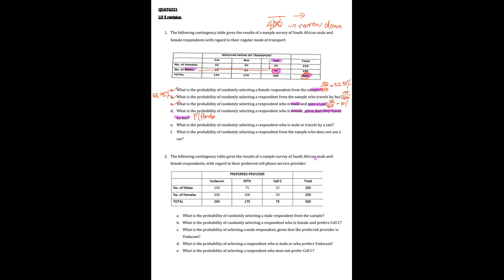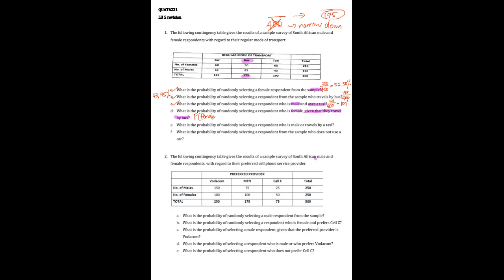So here, if you look at the column that says bus, that's a total of 175. So basically, hypothetically, instead of looking at all 400 people, we are now going to look at only the 175 people, because we already know that it is a person who prefers a bus.